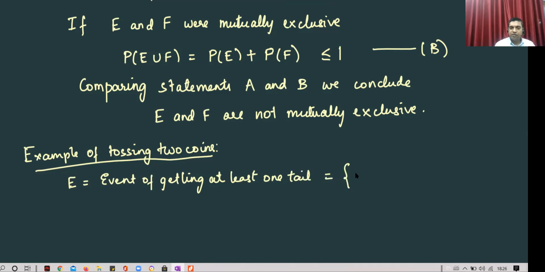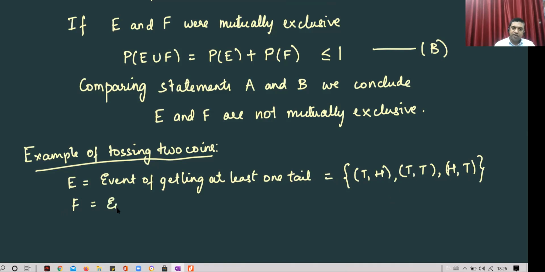What will be the event? Tail head, tail tail, and head tail. Correct. First coin tail, second coin head; first coin head, second coin tail; both coins tails.